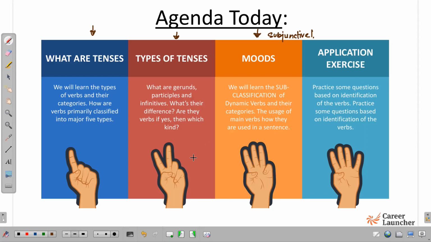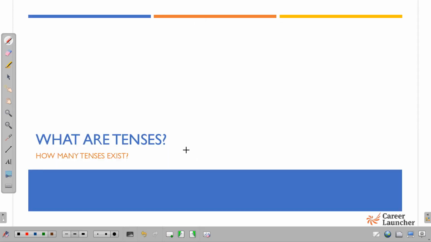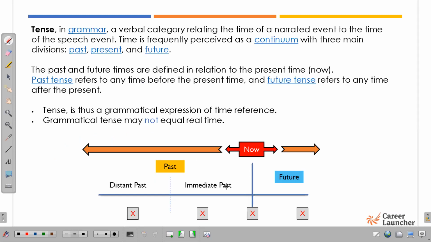I'm sure you know how many tenses there are and what tenses are all about. Tense in grammar is a verbal category relating the time of a narrated event to the time of the speech of the event. Time is frequently perceived as a continuum, an arrow that moves forward from the past, through the present, to the future, with 3 main divisions: the past, the present, what is happening now, and the future.